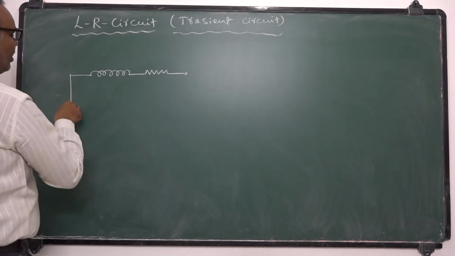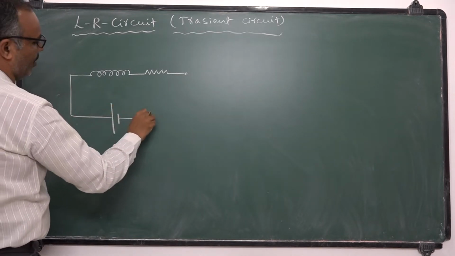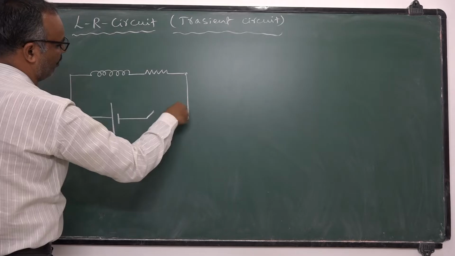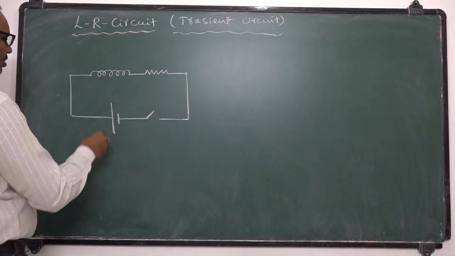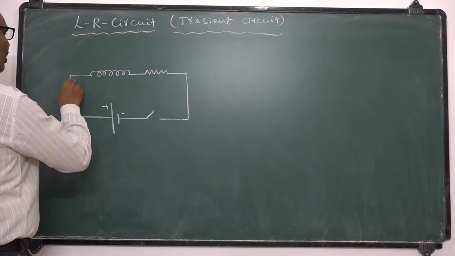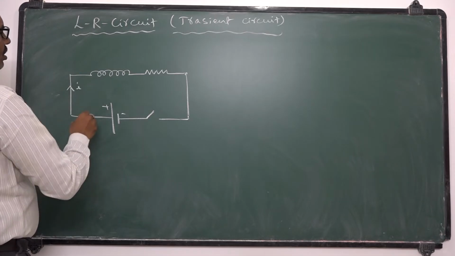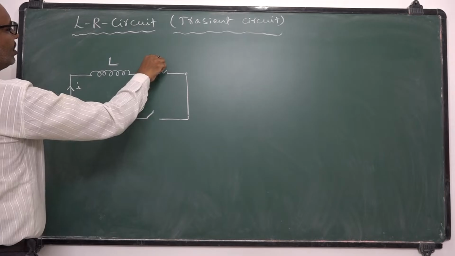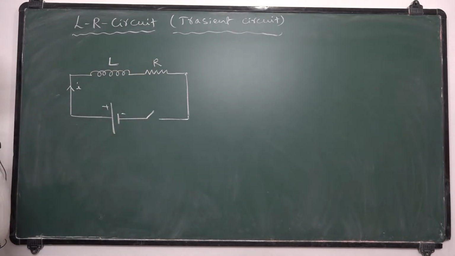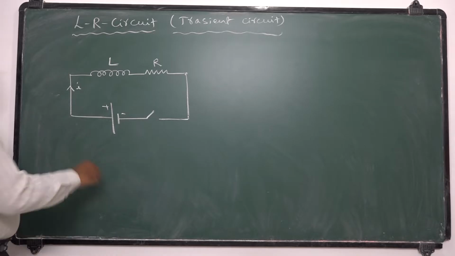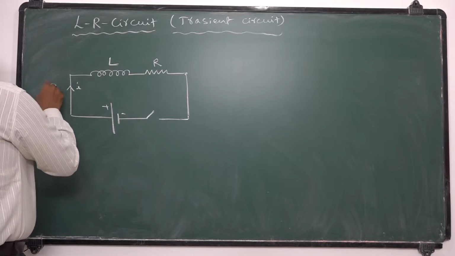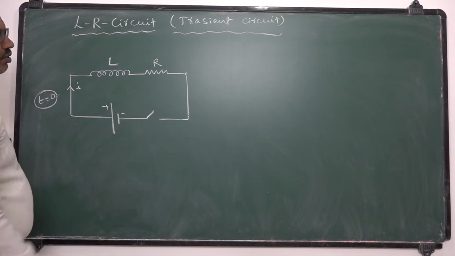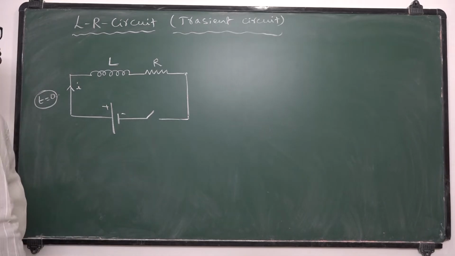Both are connected to a cell and a key as shown in the figure. When you close the key, the current starts flowing through the inductor. So an inductor of inductance L and a resistor of resistance R are both connected in series to a cell like this. At time t equal to 0, no current is flowing through the circuit. You are going to switch on the circuit. Once you switch on the circuit, what will happen?